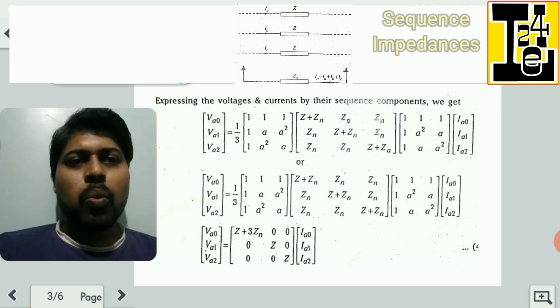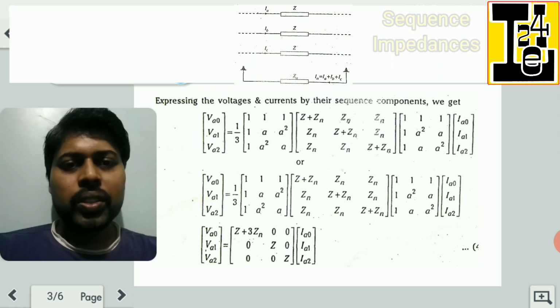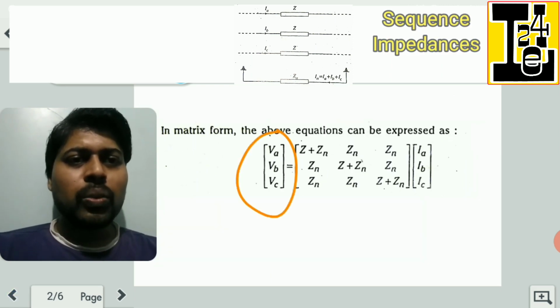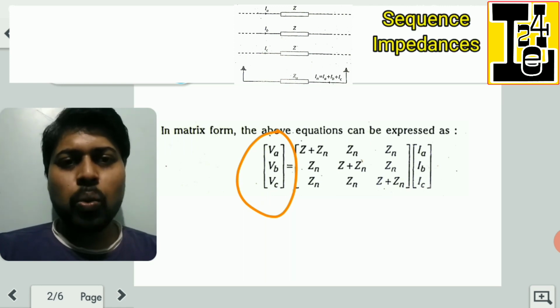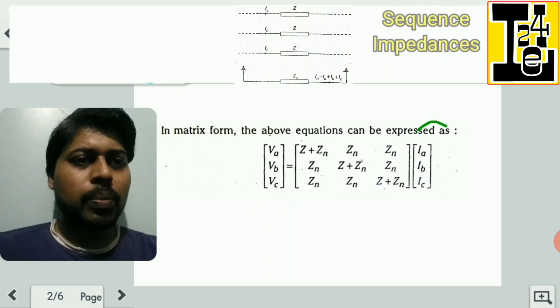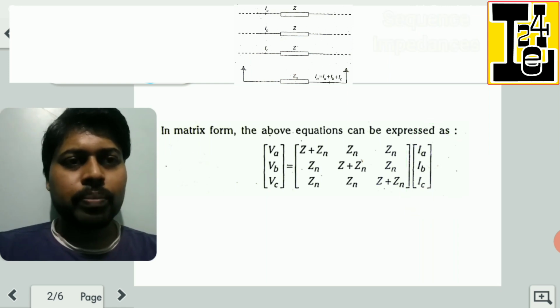Expressing the voltages and currents by their sequence components. Here you can observe what VA, VB, VC are. We can express these in terms of sequence components, as well as we can also express these line currents in terms of sequence currents.